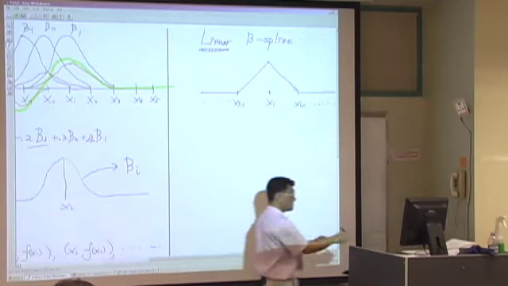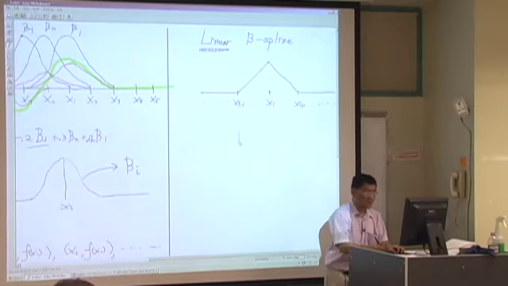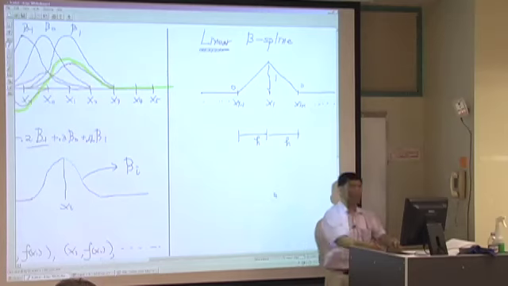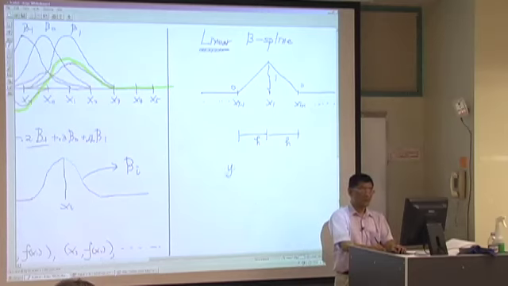So assume that this distance is h, and this distance is also h, and this height is 1, and then 0, 0. Then what is the slope?